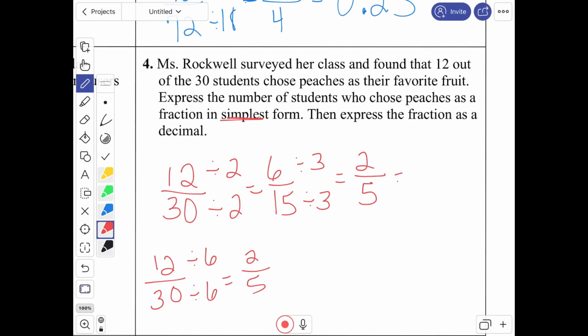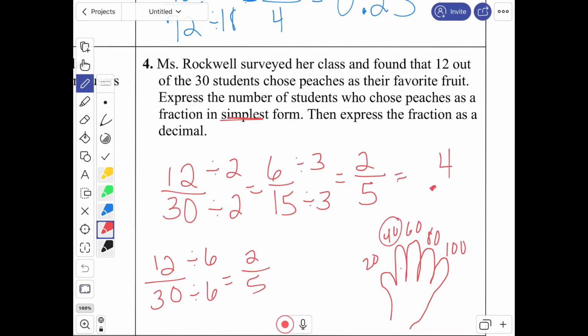Okay, 2/5 as a decimal. Fifths are easy. Think of your hand. Let's see if I can draw one. Got 5 fingers. Count by 20s. 20, 40, 60, 80, 100. So 2 would be 40. So 2/5 is 0.40.